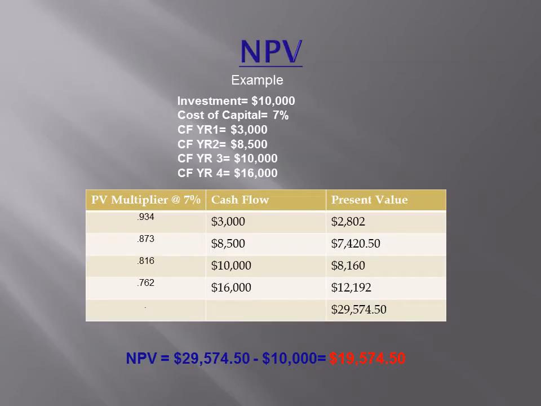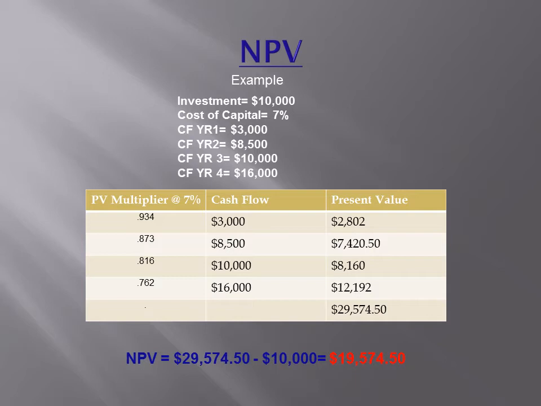Now before I dive into this slide, I want you to take your eyes to page 508 in your text. On page 508, that's your present value table. And your present value table tells you a few things. One, it tells you how much $1 will be worth at what cost of capital over what time period.